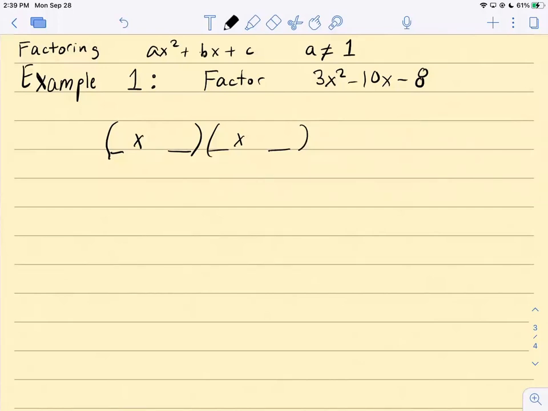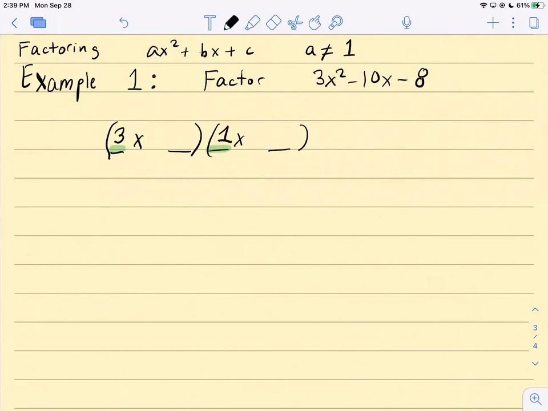So can you think of two numbers that I can place in the green blank spots? What are the two numbers that will multiply to 3x squared? 3 and 1. And it's really nice when it's a simple prime number in front of the x squared, because there's only one possibility. So 3 and 1.